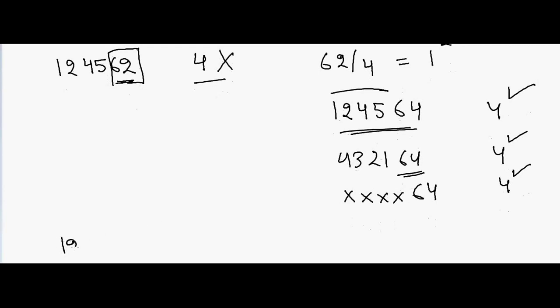So 1 2 4 5 6 2. Is this number divisible by 5? No, because for it to be divisible by 5, the last digit should be either 5 or 0.